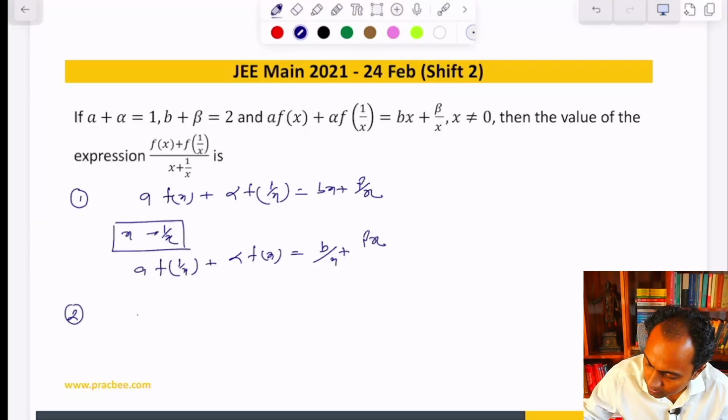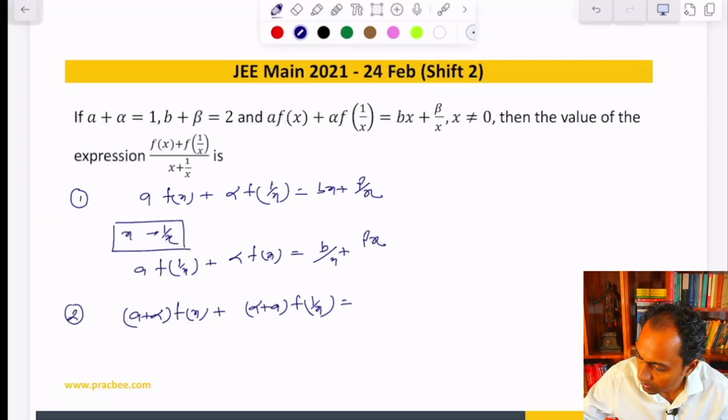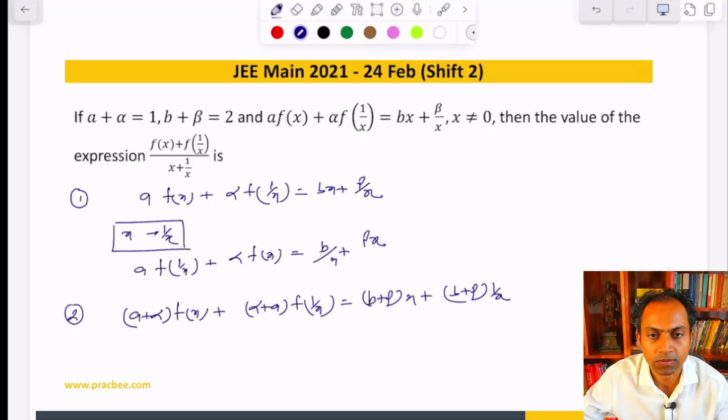So if I add a plus alpha times f of x plus a plus alpha times f of 1 by x is equal to b plus beta times x plus b plus beta times 1 by x.